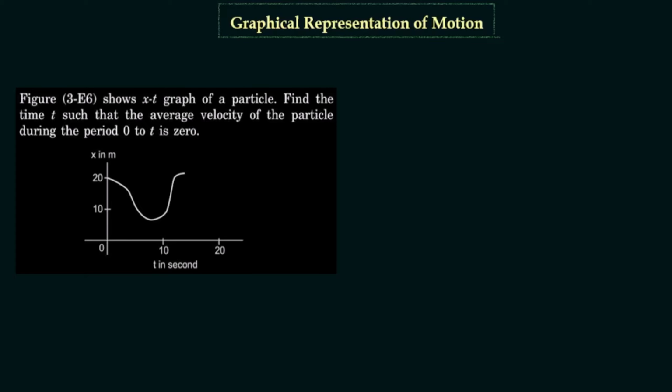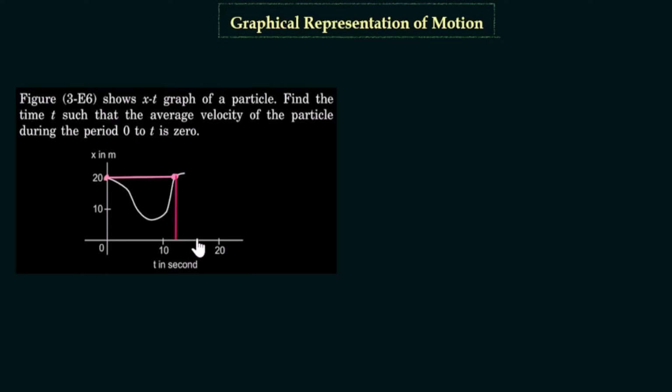Okay, so you can clearly see here that the object is initially at a 20-meter distance and it starts its motion and reaches this particular point, and it is somewhere over here. Now we can find this particular time.